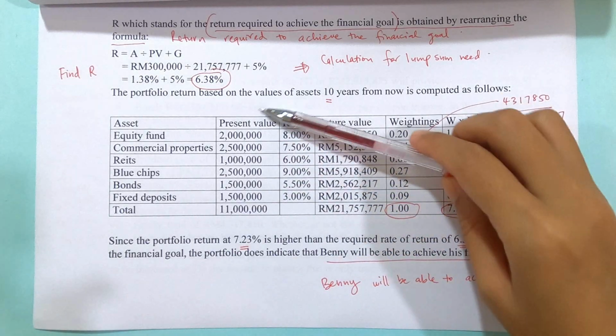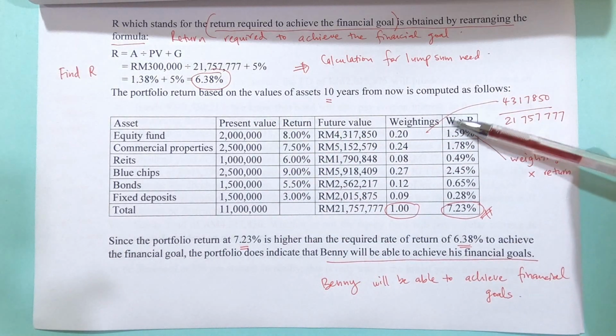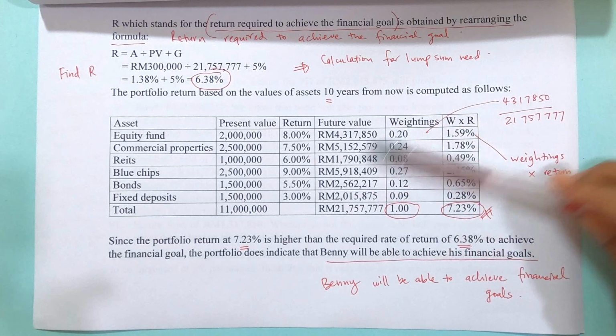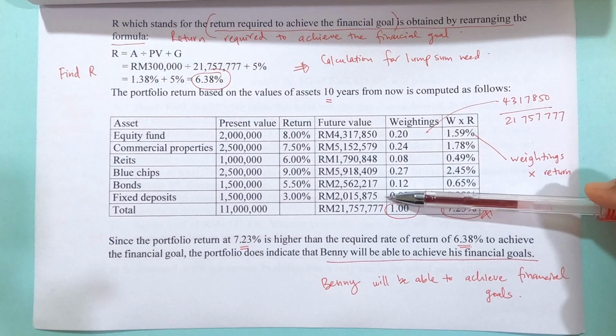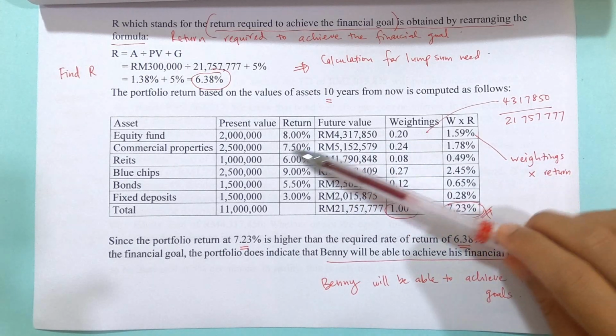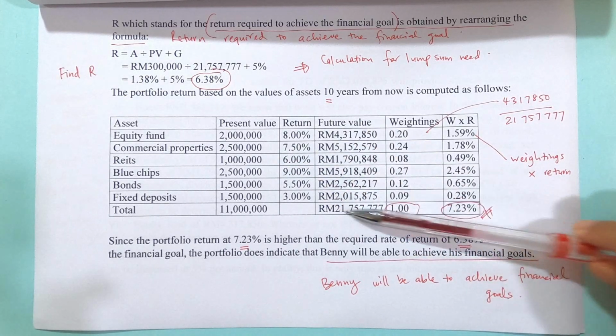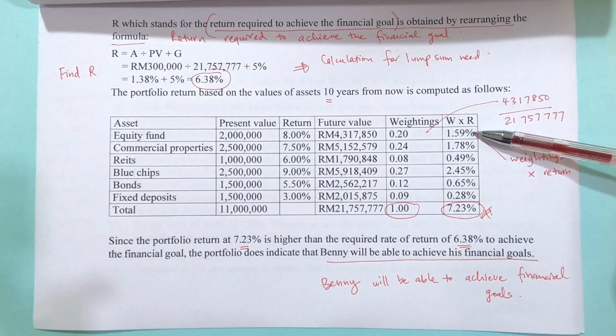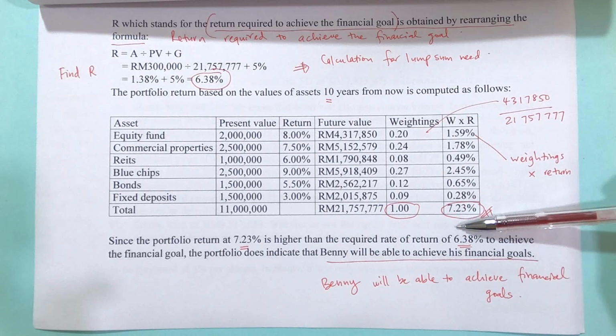Because they have several assets, we want to calculate what would be the portfolio return for the retirement portfolio that Benny has. Therefore, we already calculate the future value. We should calculate the weightings times the return. This is another column.